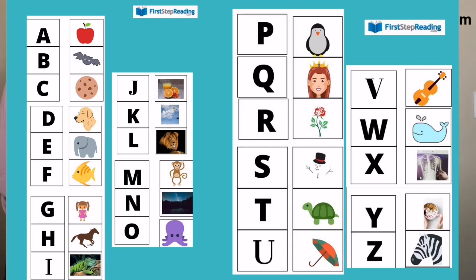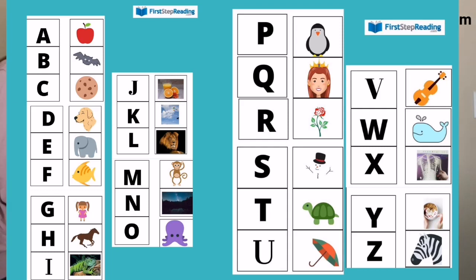The S says the T says t. The U says like snowman, turtle, or umbrella. The V says voo. The W says wah. The X says x, like violin, whale, and X-ray.